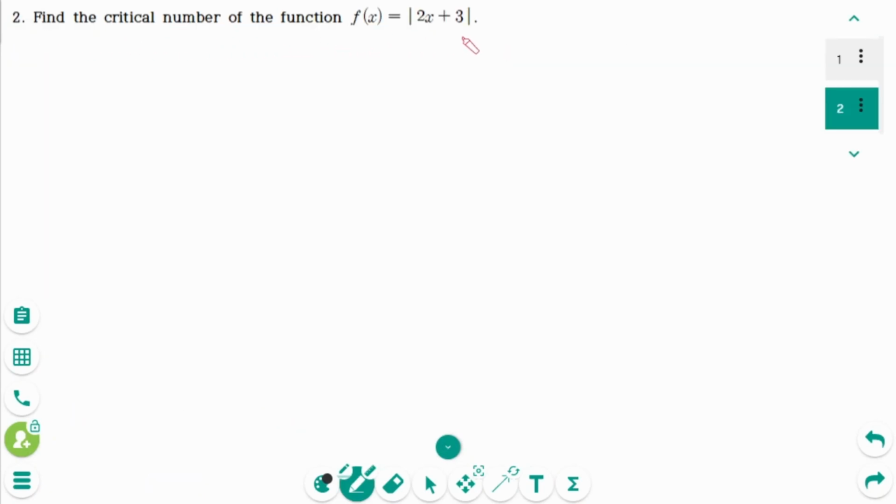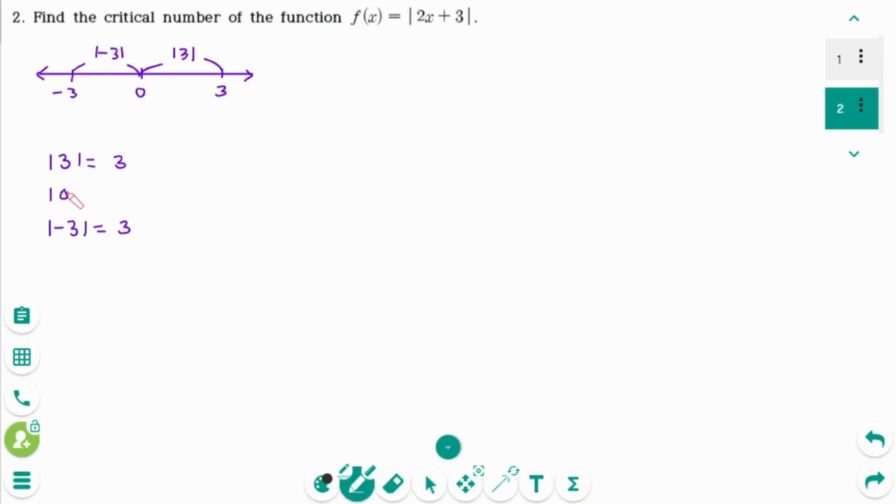Question 2. The absolute value is a distance between 0 and the number. Absolute value of 3 equals 3 because the distance between 0 and 3 is 3. And absolute value of minus 3 is 3 because the distance between 0 and minus 3 is 3.